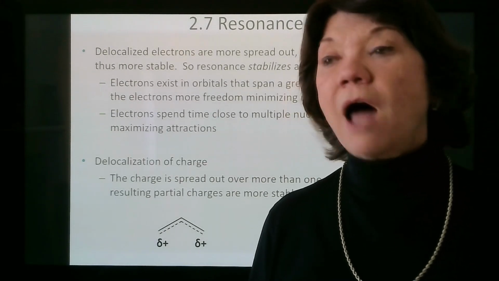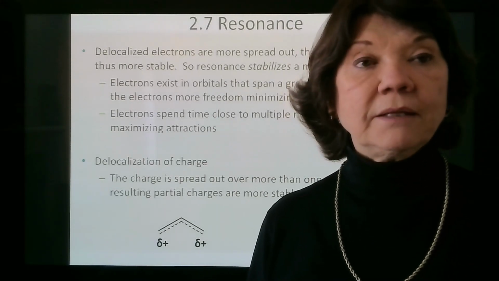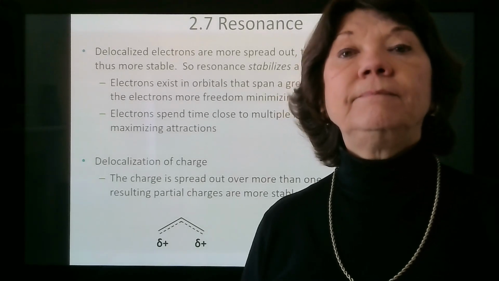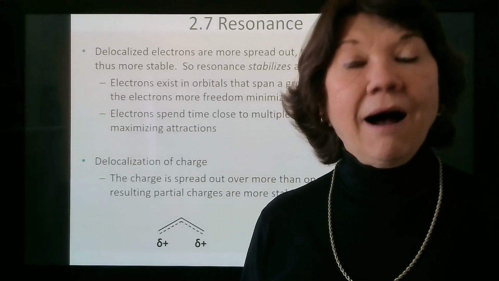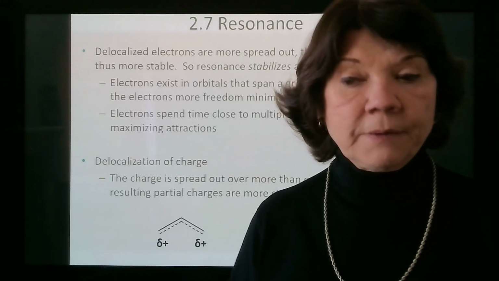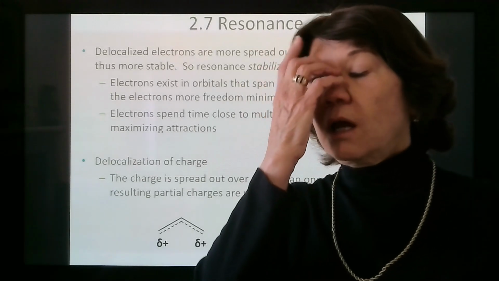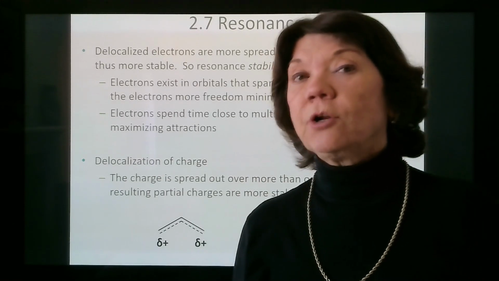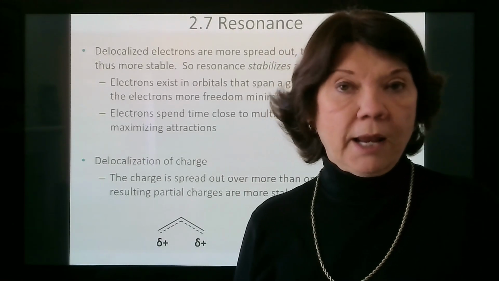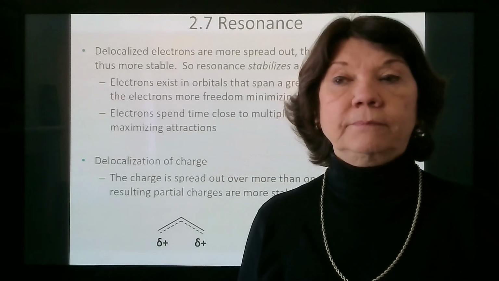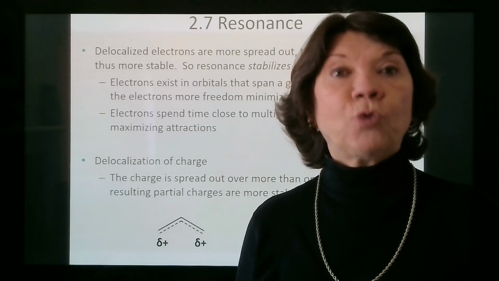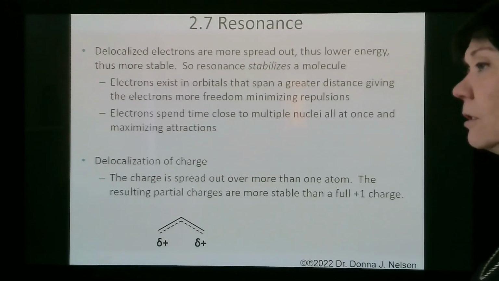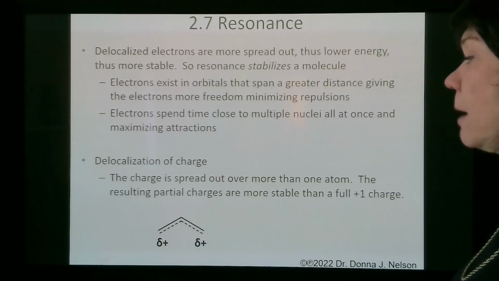There are going to be a lot of different methods, but the one thing in common is that if the charge is spread out, the ion is stabilized. That also includes radicals. If the unpaired electron density is spread out, say by resonance, that stabilizes the radical. You'll see that later in our chapter on radicals.